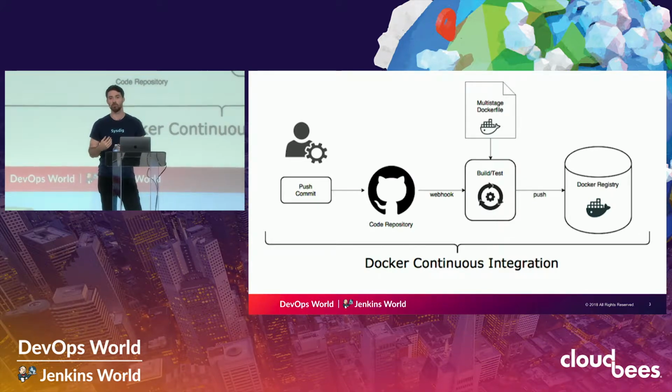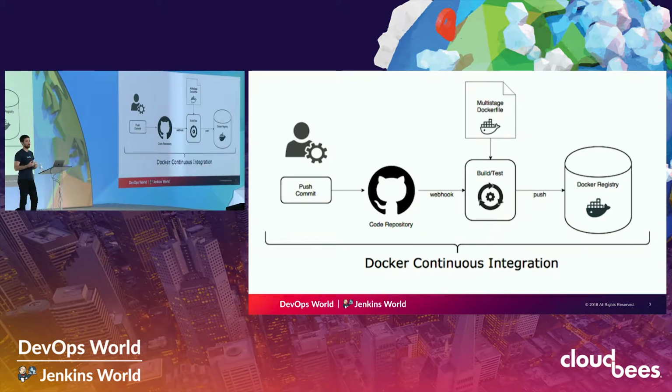And hopefully you're using some of the nice multi-stage build things that you can get from your Docker containers. So you have an image that has all the different packages and tools needed to build containers, and then you have another image for your runtime environment that has fewer dependencies. And then once that build executes, that's going to be pushed to your Docker registry.